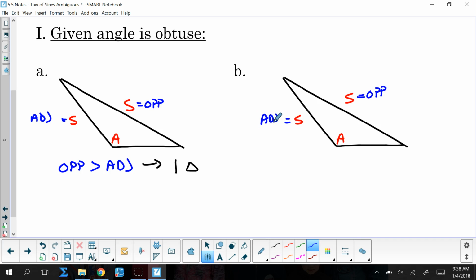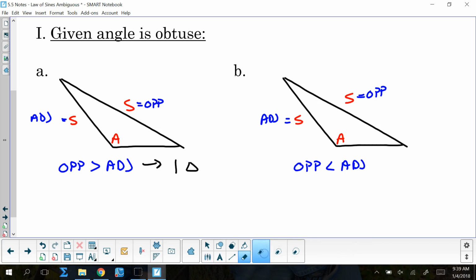If my adjacent side is longer than my opposite side, so that would probably look something along the lines of this, can I get a triangle? Can I make a triangle out of those three sides? No, can't do it. Okay?